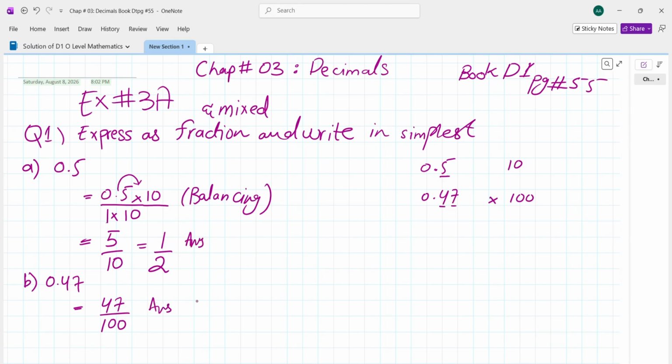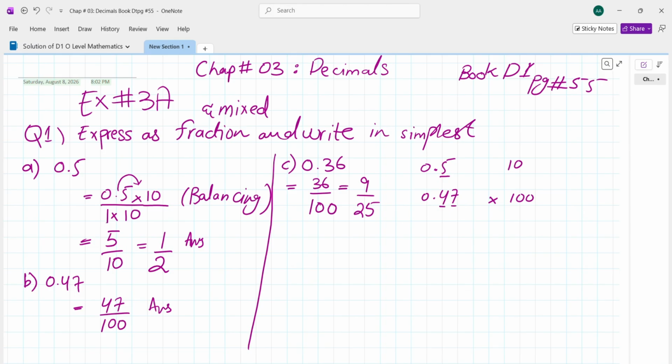Now moving to the next part, sorry, part C, 0.36. The answer is 36 upon 100. Now we can further simplify that fraction because they have a common factor, so the answer will be 9 upon 25. How can we identify that we can simplify it?